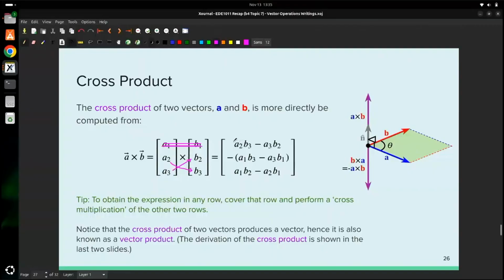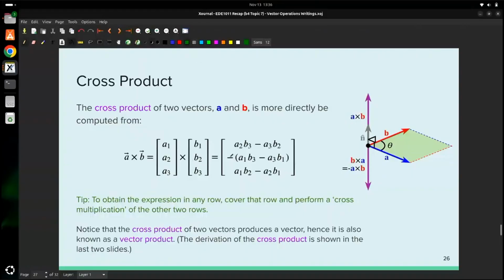So A2 times B3 minus A3 times B2, represented by the crosses or arrows here. That's for the first row. Now for the second row, same thing, but the second row has to have a negative. There's a reason for that, I'll explain later on.